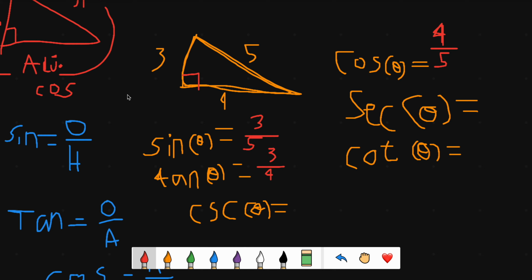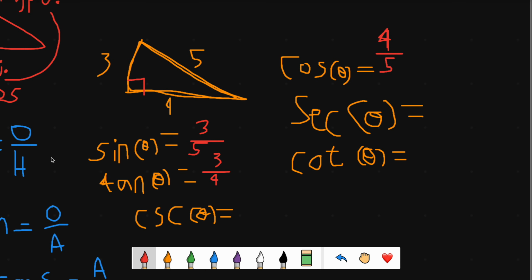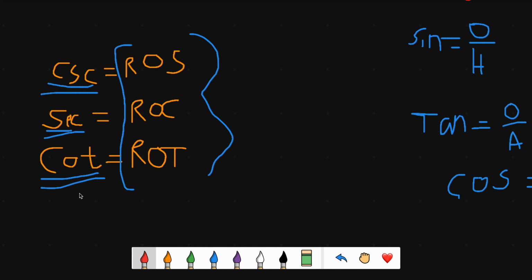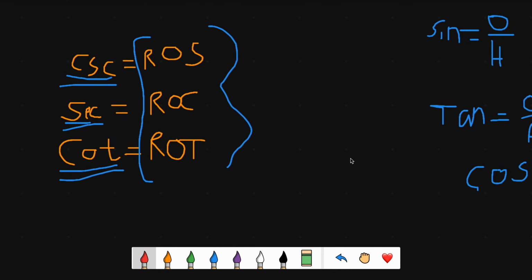And now let's determine cosecant, secant, and cotangent. Cosecant is a reciprocal. You remember Ross Rock Rod; you probably use this even in calculus.